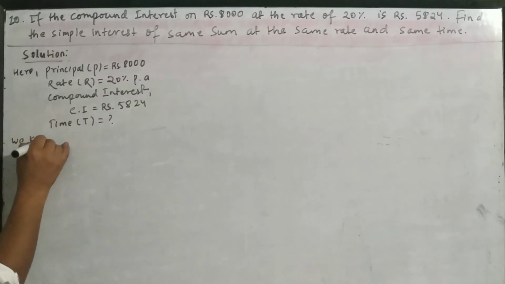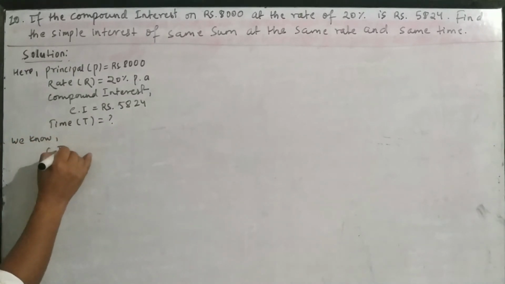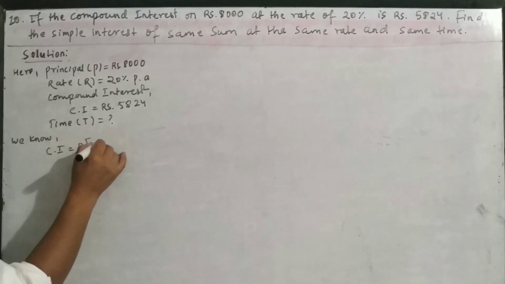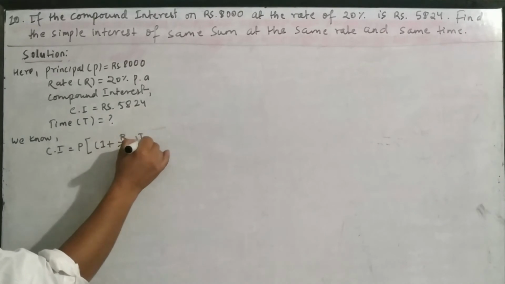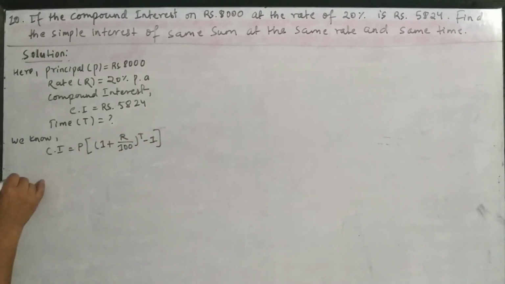We know compound interest equals P[(1 + R/100)^T − 1].